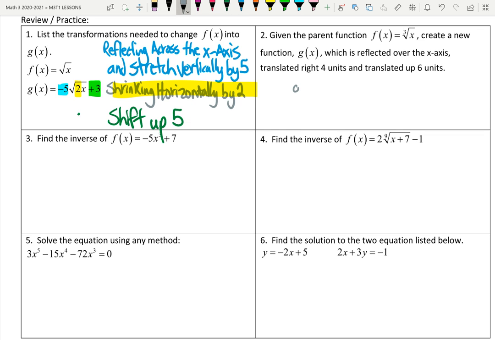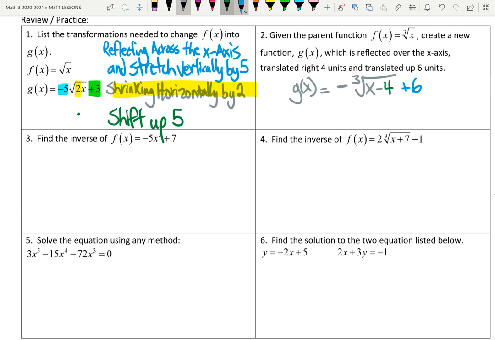It's going to be called g of x, and it is reflected over the x-axis, so I need to put a negative in front. It is going to be translated to the right 4, so I have to remember that to the right 4 is going to look like that, and then up 6 will look like so. And voila.